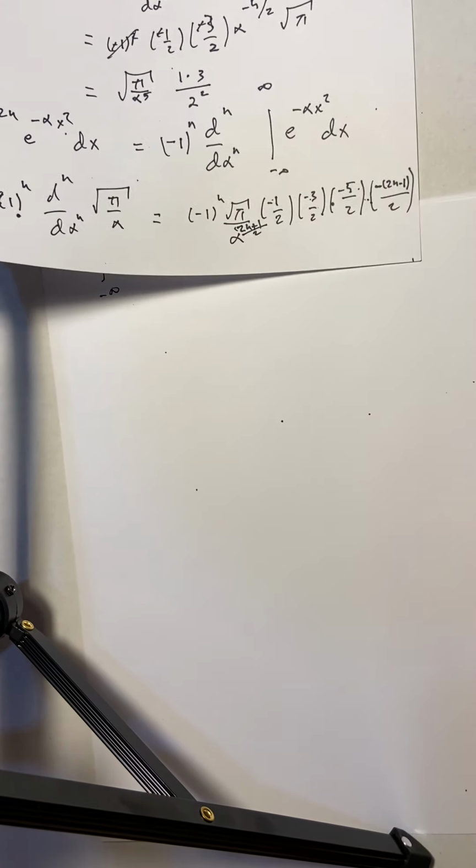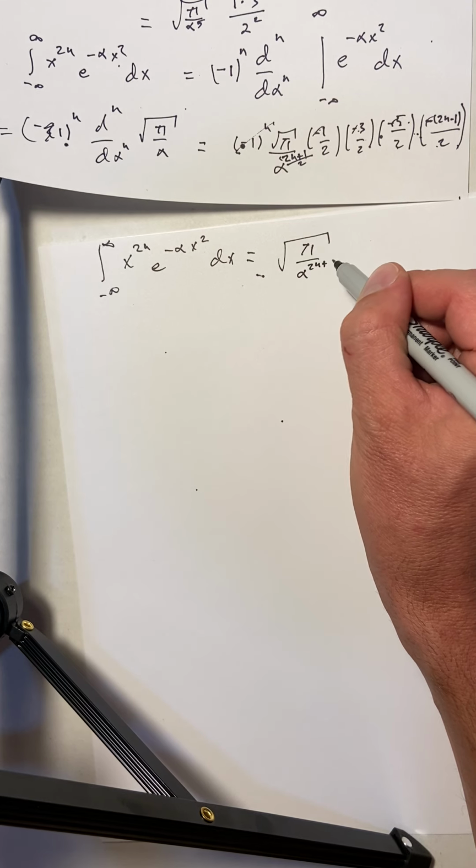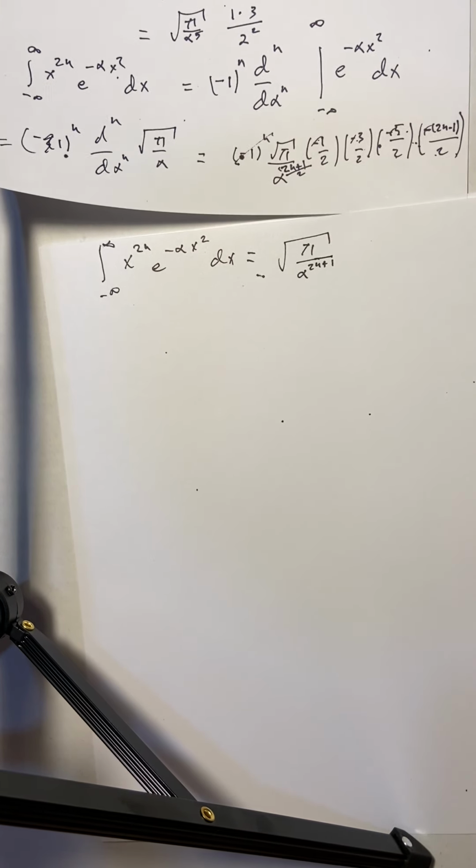So all the minus signs cancel. I'll have 2 to the n power in the denominator, and then I'll have all the odd numbers up to 2n minus 1 in the numerator. So this is going to be equal to the square root of pi over alpha to the 2n plus 1, times 1 over 2 to the n.